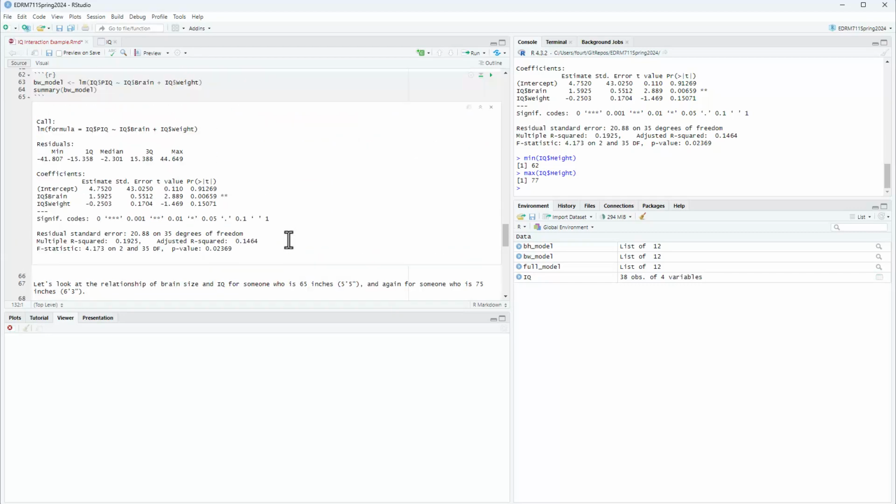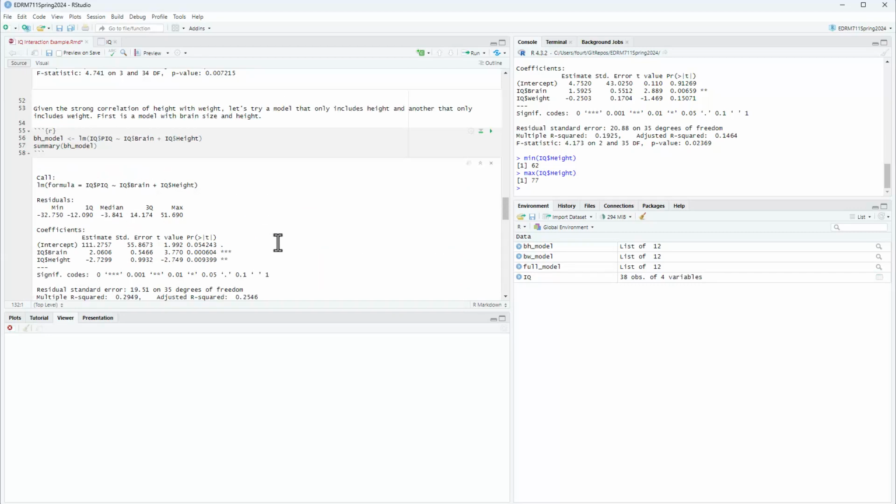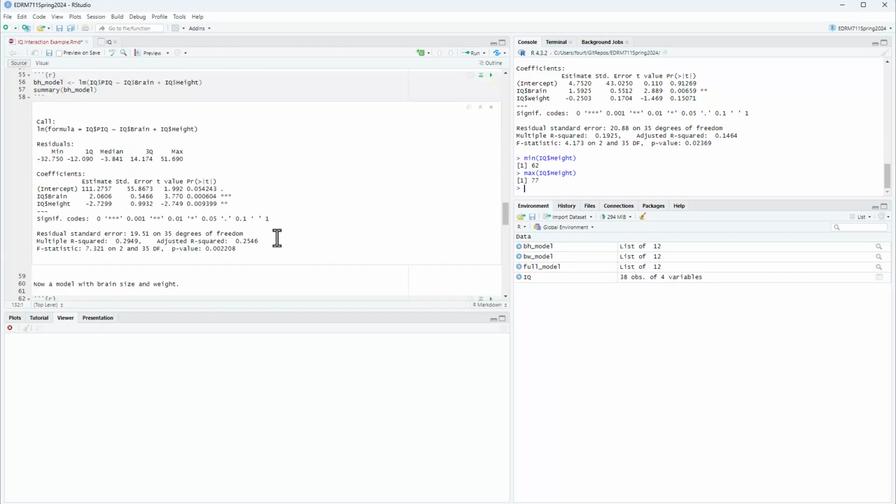Now, before I draw these pictures, let's also look overall at what the effect was. Go back and interpret these effects. So for brain, for every unit of increase in brain size, and remember I said at the beginning I don't really understand what those units are, but whatever they are, for every 1 unit increase in brain size, we have 2 points addition to IQ.